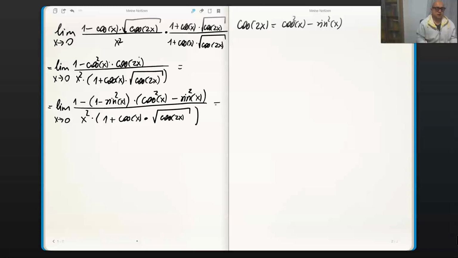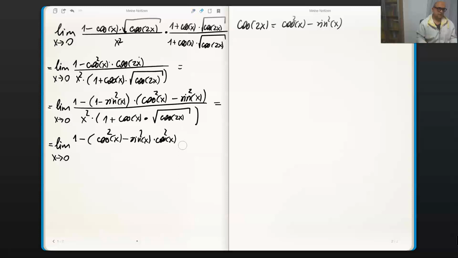Okay, so if we now multiply it out in the numerator, what are we going to get? Well, we're getting 1 minus, then you see 1 times cosine squared is just giving me cosine squared of x. Then we're having minus sine squared of x times cosine squared of x, plus, is that correct?